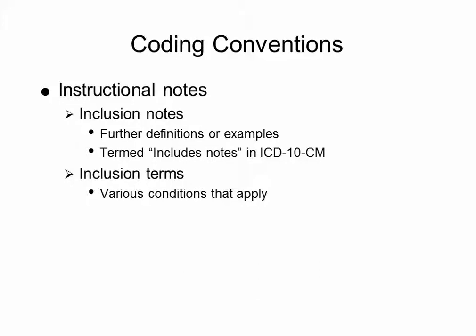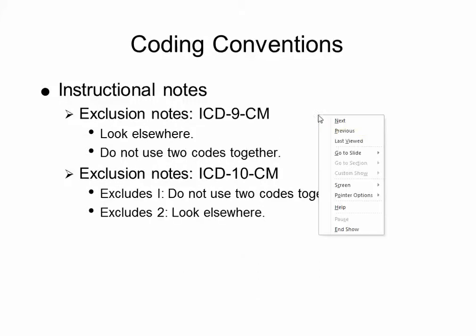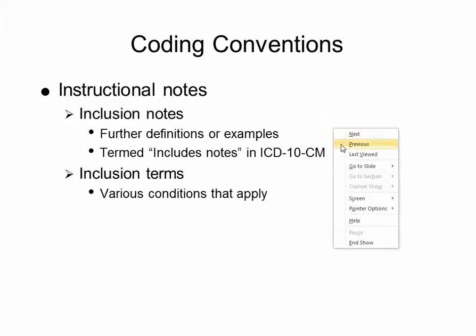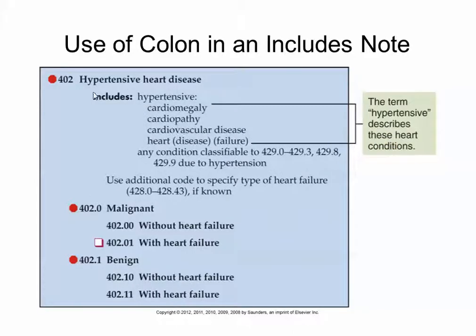So, includes and excludes notes, instructional notes, usually appear immediately under a 3-digit code title. So that means typically here is an includes note. It is right under your title.